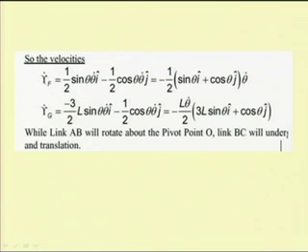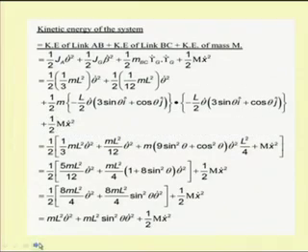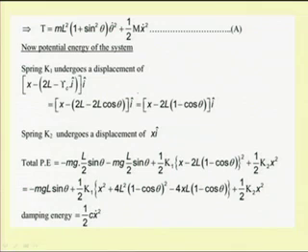Differentiating the position vector, one can find the velocity, and from the velocity one can find the kinetic energy of the system, which consists of the kinetic energy of the two links. Considering the rotation and translation, one can find the kinetic energy. Similarly, one can find the potential energy and then the Lagrangian of the system, and the damping energy equal to half C x dot square.